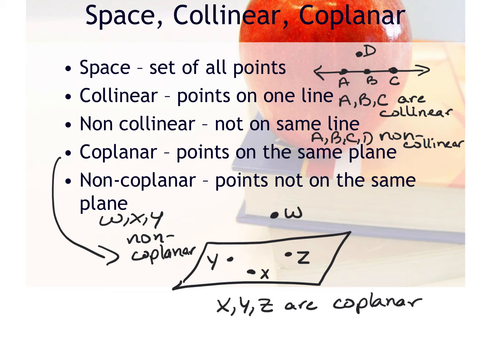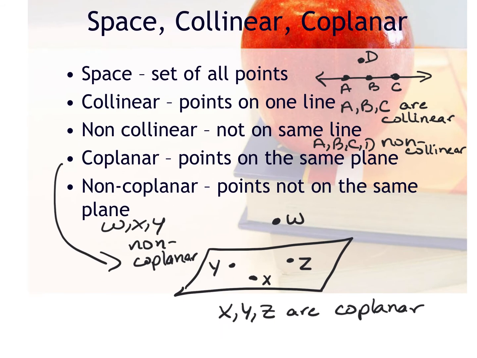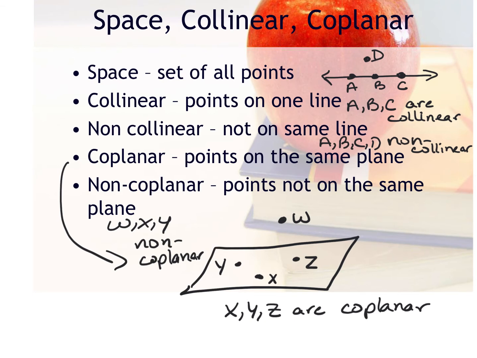Yes. Is the arrow and the point just with the spaces? The arrow is, so let's see. What is the space? The space is just the set of all points. So points anywhere. Anytime you have a group of points, that's considered space. But if those points get more specific, if they're all on the same line, then they're called collinear.